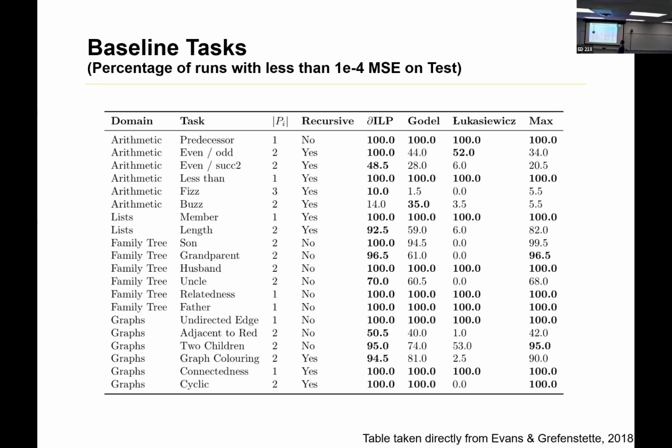I mean, these are all differentiable ILP. This is just a difference in the T norm. The column that says differentiable ILP is product T norm. This is differentiable ILP with Boolean, with Lukasiewicz, and using max. So what is this? The max of those three.